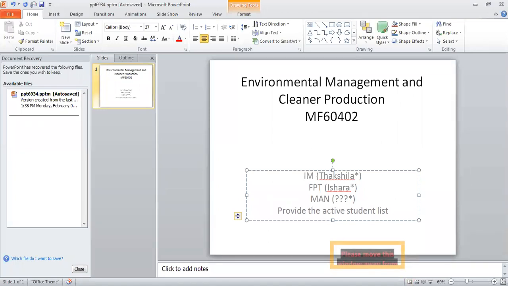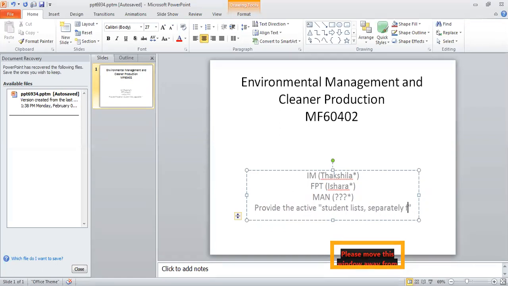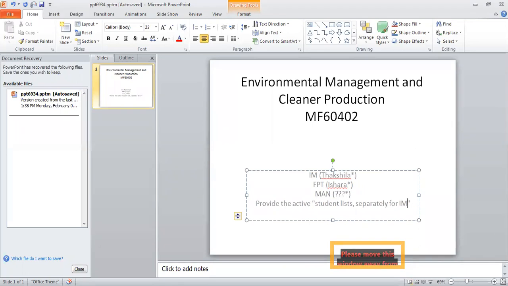Active one, because I have to do some grouping. So you have to provide the active student lists separately for IM, food process technology, and manufacturing.